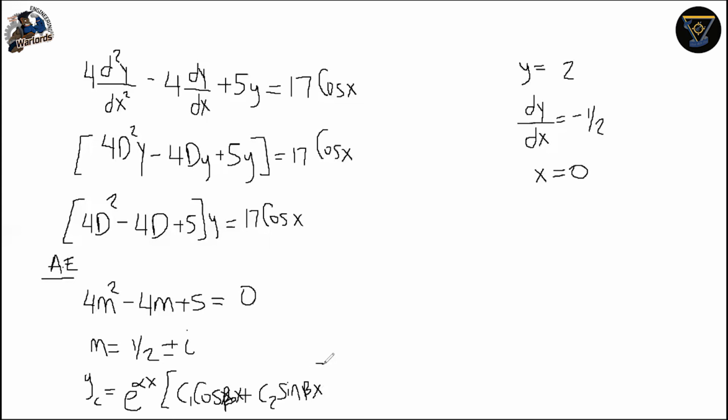So all we do is substitute into the formula. Our alpha is a half and our beta is 1 because there's an imaginary 1 here.